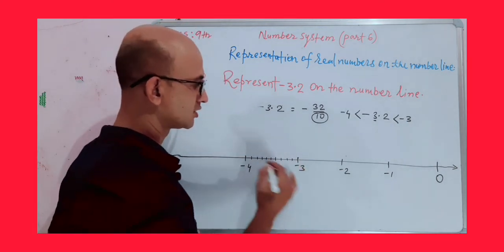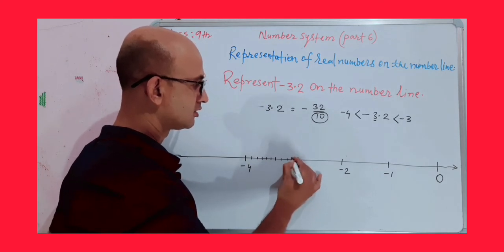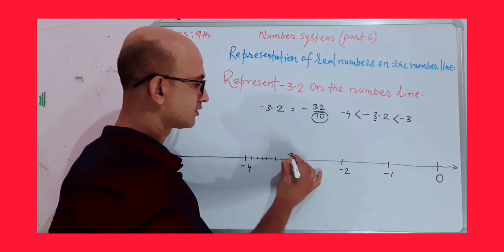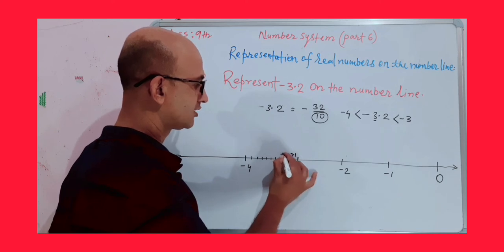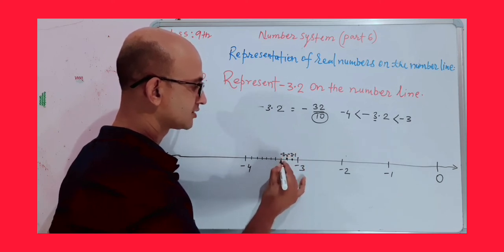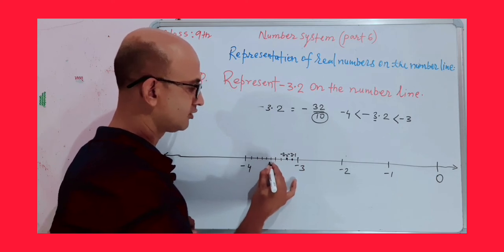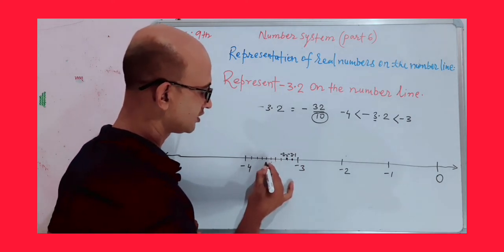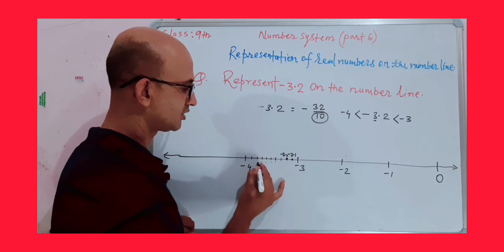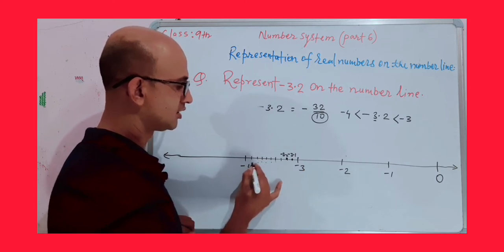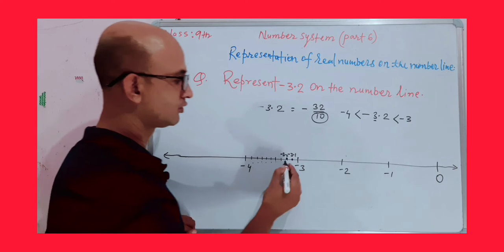Now these points represent minus 3.1, minus 3.2, minus 3.3, minus 3.4, minus 3.5, minus 3.6, minus 3.7, minus 3.8, minus 3.9 and it is minus 4.